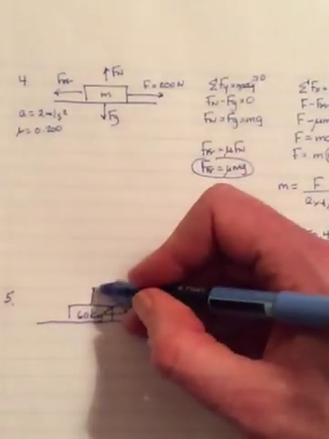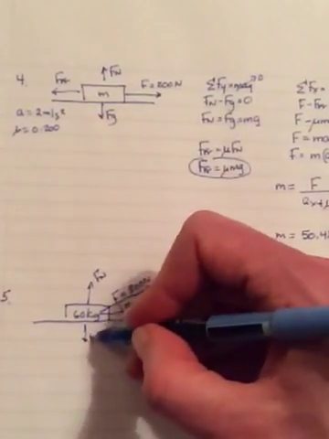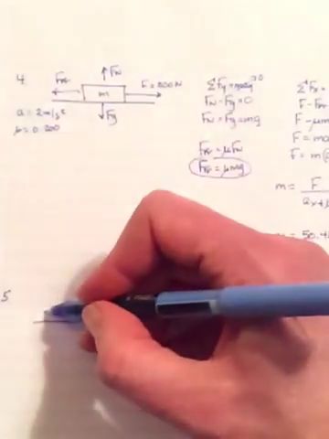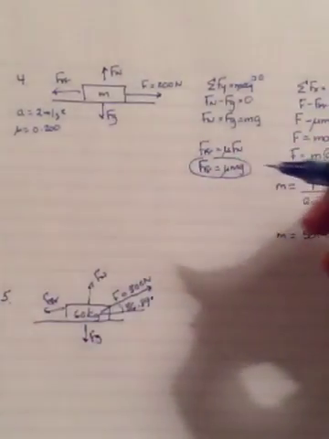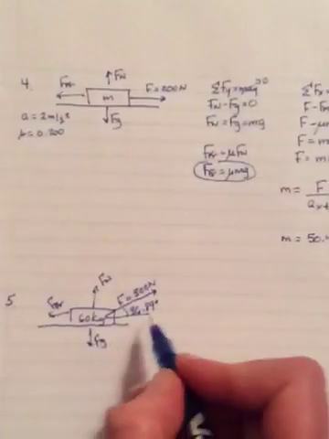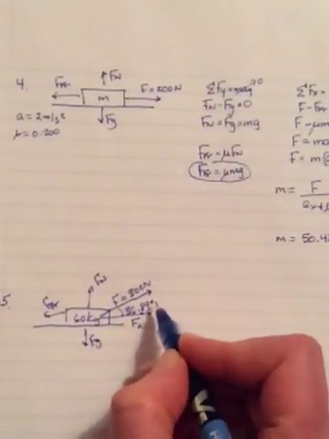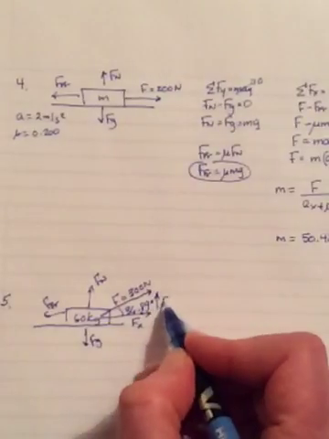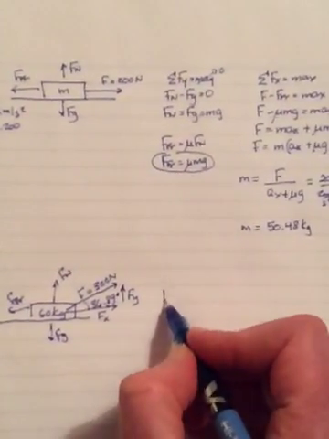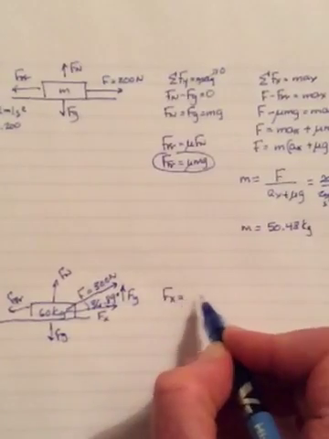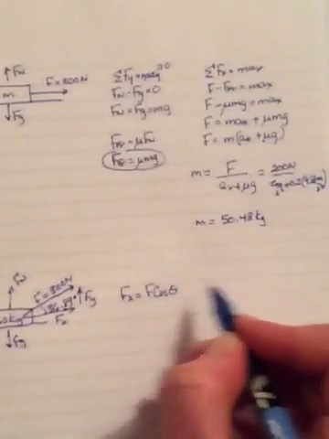All right, there'll still be an Fn going up. There'll be an Fg going down. There'll be a friction going backward. And if you remember from grade 11, the first thing you have to do is break this F into its components, Fx and Fy. Fx is the adjacent side, so it's just going to be F cos theta.